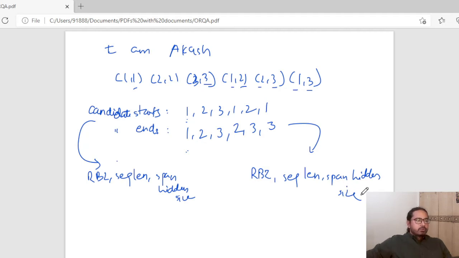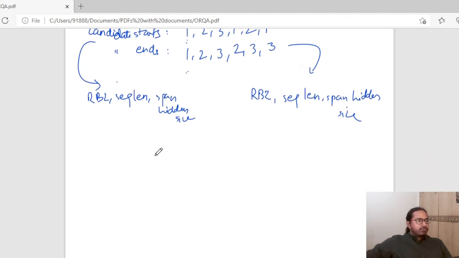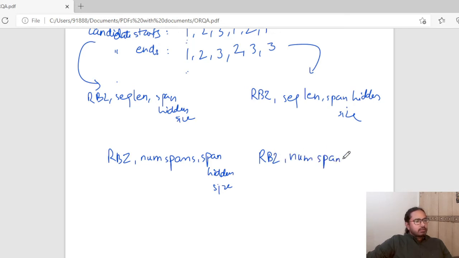So when we do this, we get a tensor of shape reader beam size, comma, total number of spans, and span hidden size, and reader beam size, number of spans, and span hidden size.